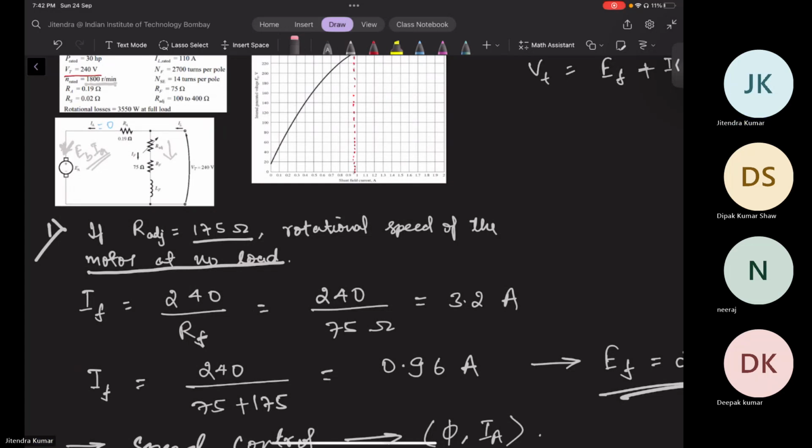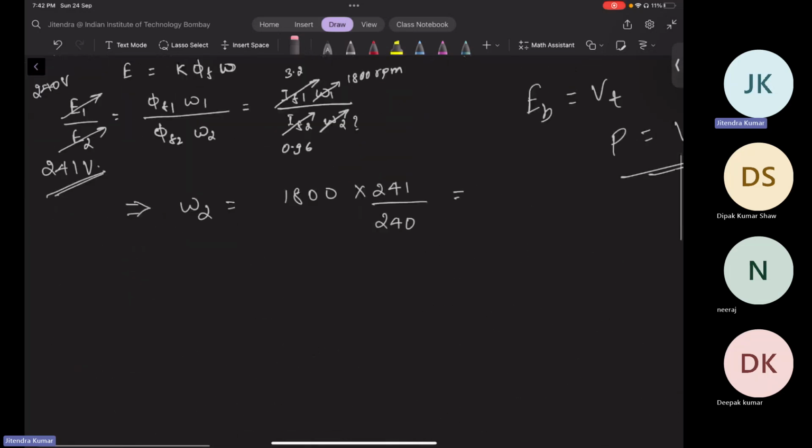No, I think Tyson curve is at 5. Okay, let me change the magnetization curve as well.